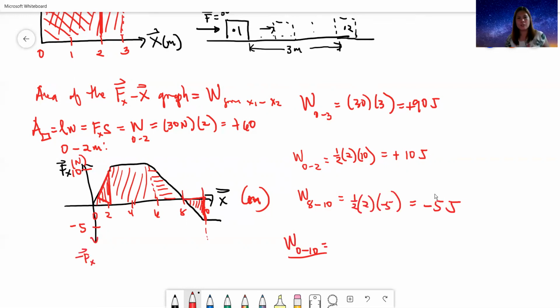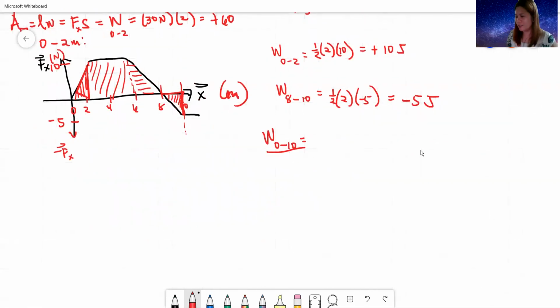Okay? So, let's synthesize. Medyo mahaba ang lecture ko sa video na ito. At this point, we're able to define work by a constant force. No? So we have F dot S equals Fs cosine phi.